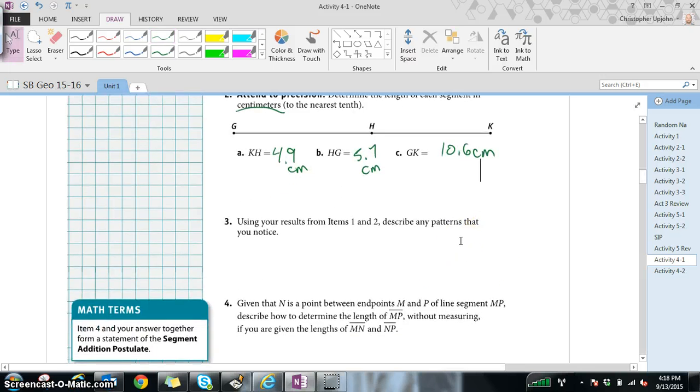So it says, using results from items 1 and 2, describe any patterns that you notice. We can just look at the second one. We can scroll up to the first one and see it as well.